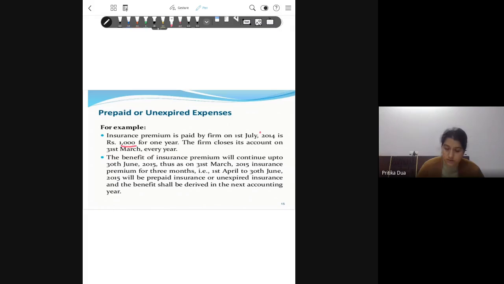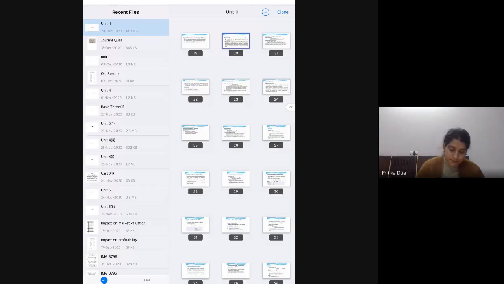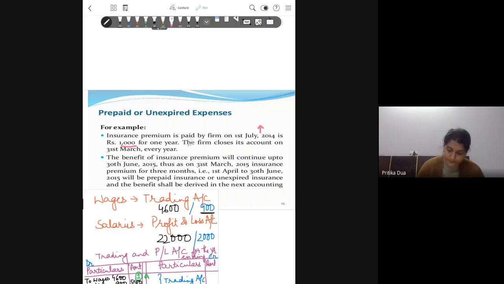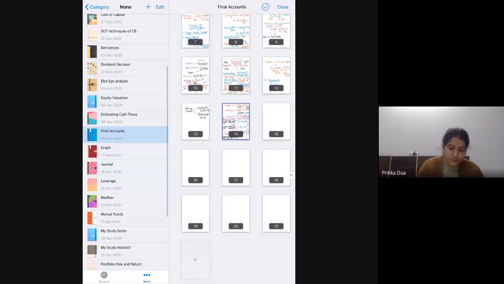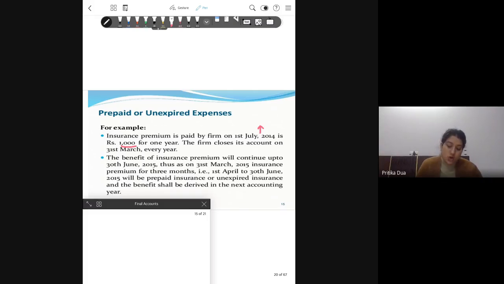Take a blank page. Okay, so this insurance premium is valid from 1st July 2014 to 30th June 2015.